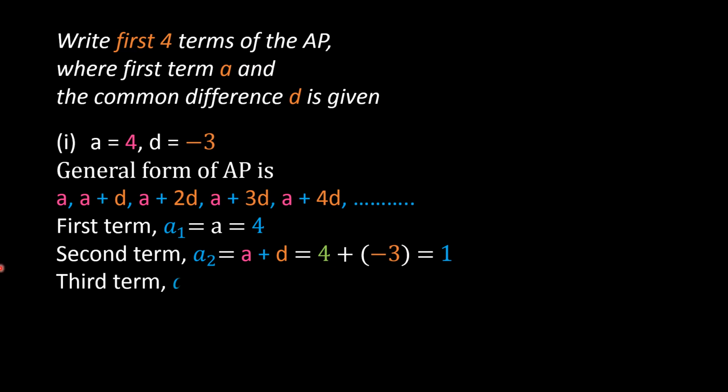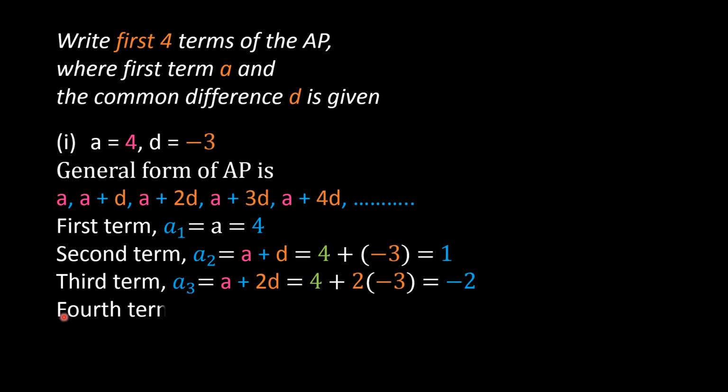The third term, a3, is a plus 2d, where a is 4 and d is minus 3. So 2 3s are minus 6, plus 4 will be minus 2. The fourth term will be a4, which will be a plus 3d, where a is 4 and d is minus 3.